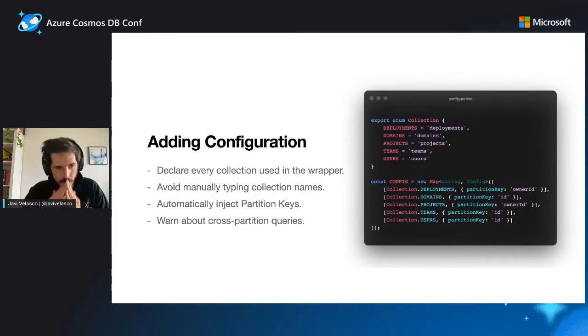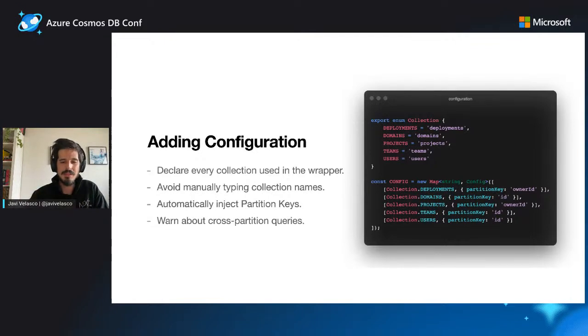So another thing that we didn't mention just yet is partitioning. In Cosmos, it is very important to partition collections correctly. And it is something that obviously we didn't do at the beginning. In our wrapper, we automatically use the ID as the partition key because all of our collections were partitioned by ID.